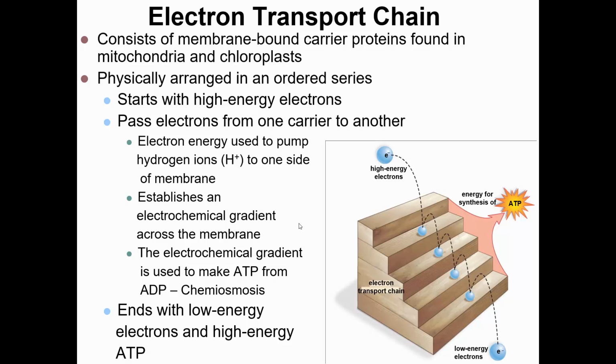ion, from one side of a membrane to the other, creating this reservoir of hydrogen ions on one side of the membrane. We then allow the hydrogen ions to flow back down their concentration gradient, allow them to diffuse, a term that you know. And this process is referred to as chemiosmosis. So it's called chemiosmosis because as they go down this concentration gradient, we take ADP, adenosine diphosphate, and make ATP.